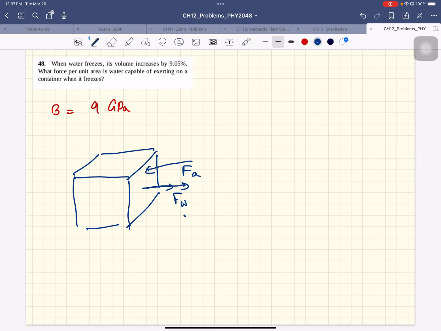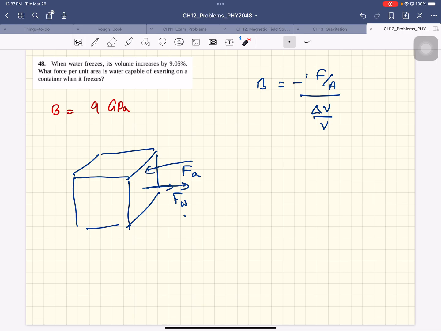So if you look up your notes, the bulk modulus is negative force per unit area, change in volume divided by the volume. Now you'd have to decrease the volume, this would be negative, and that's why that negative sign is there.